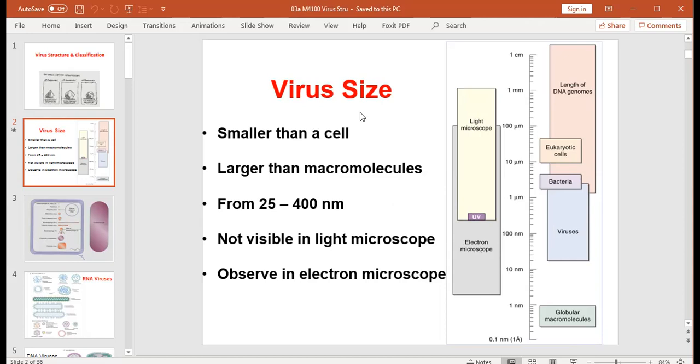So overall, viruses are smaller than a cell, such as eukaryotic cells or bacteria, and they are larger than macromolecules. They're anywhere between 25 to 400 nanometer. They cannot be observed in light microscopy, but they are visible using electron microscopy.